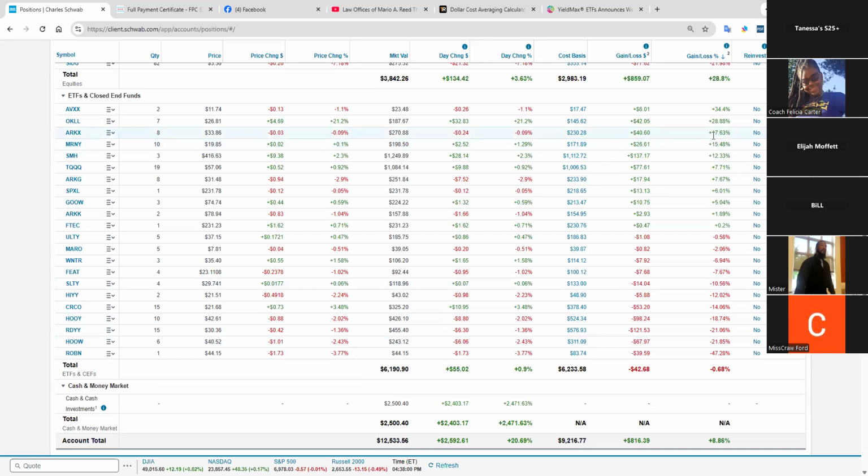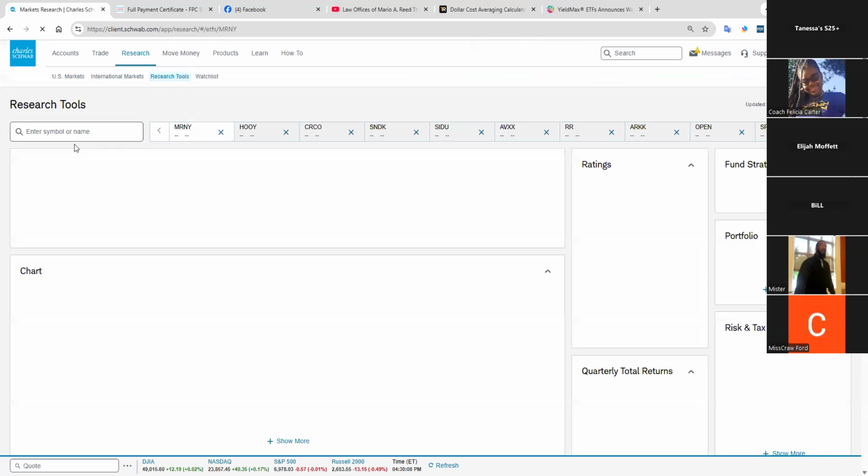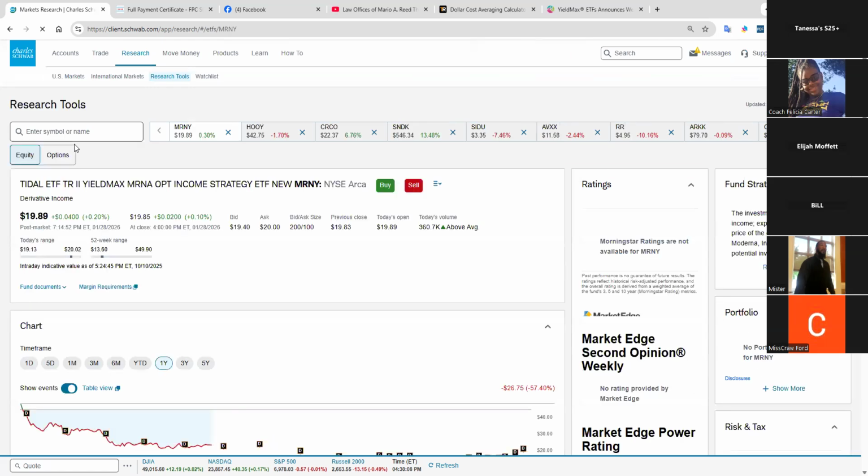So I'm actually going to take $1,000, not 625. Yeah, let's do it. We're going to take $1,000 of the 1250 and use it to purchase MRNY. So now I'm going to click on MRNY, the dividend paying ETF that's paying out 125%, and they're going to pay it out this Friday. My goal is to get paid this Friday.